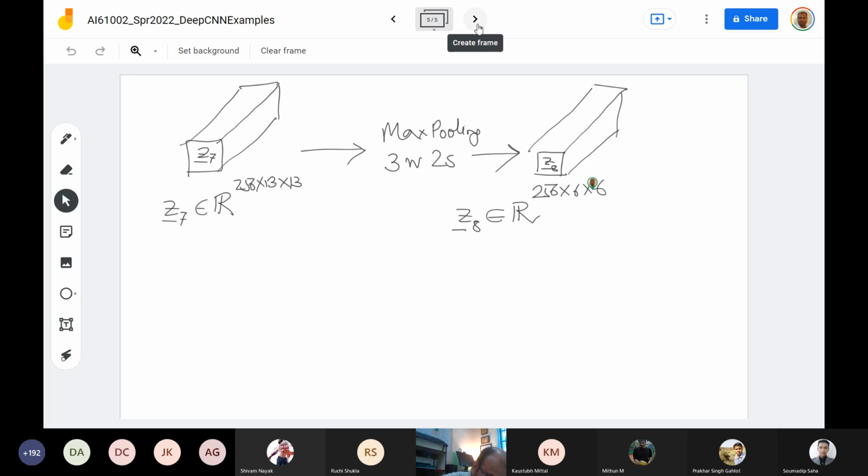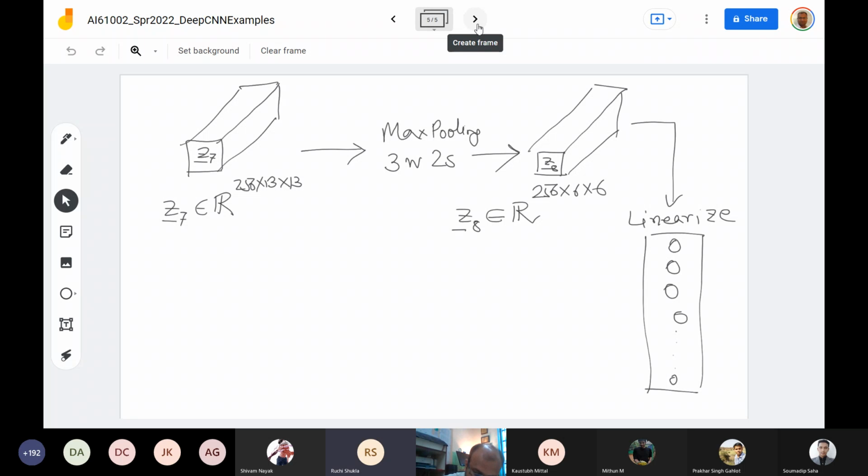Okay, now what we do after this is you basically linearize. So you get a set of linear neurons over here. How many linear neurons will be in this arrangement? 9216.